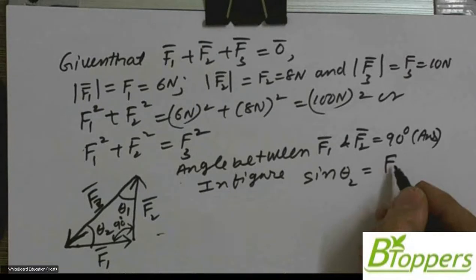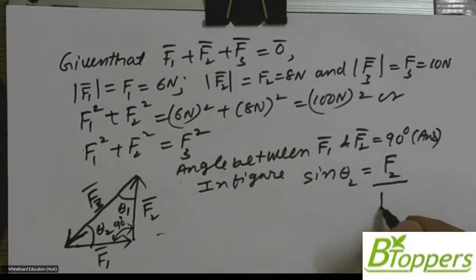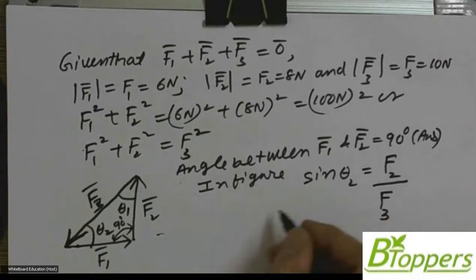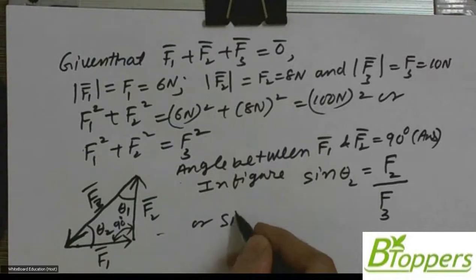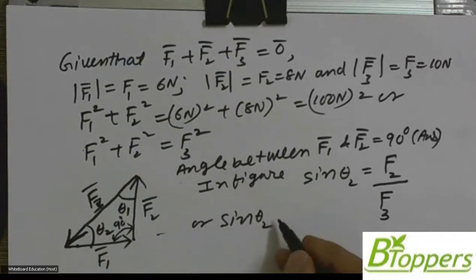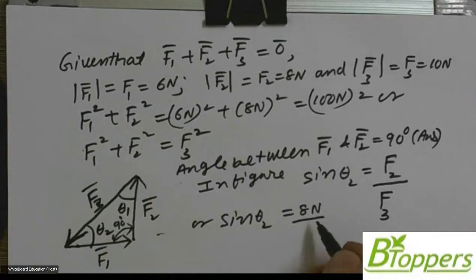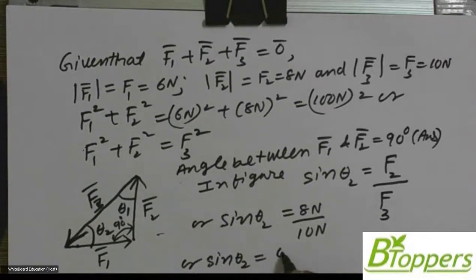Length of the side opposite to theta 2 gives you magnitude of F2 bar. Length of hypotenuse side gives you magnitude of F3 bar. So you get sine theta 2 equal to magnitude of F2 bar, that is 8 Newton, divided by magnitude of F3 bar, that is 10 Newton. Or sine theta 2 is equal to 4 by 5.